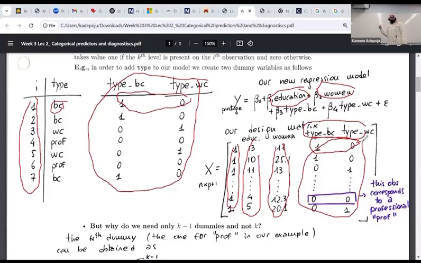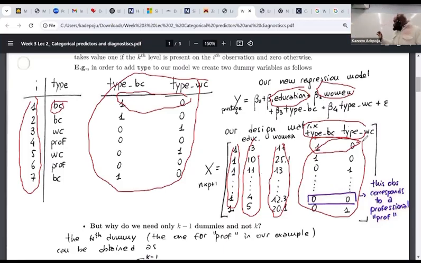In my model, looking at the effect on Y, I'm going to have beta 1 undergraduate, let me call this U, this is G, and this is H, plus beta 2 graduate plus the error. Where is the high school? The high school is being referenced. Does that make sense? Why do I reference the high school? Because when you compare the levels, it is the lowest when you talk about education, among the ones compared.